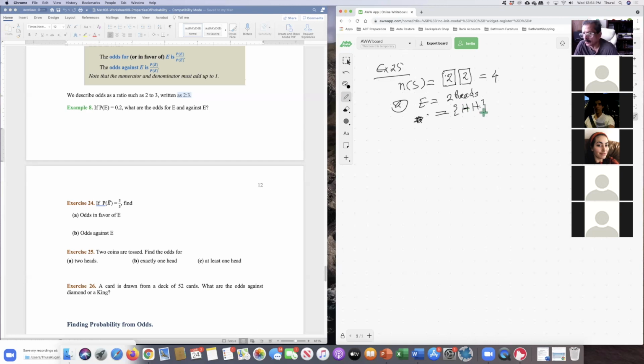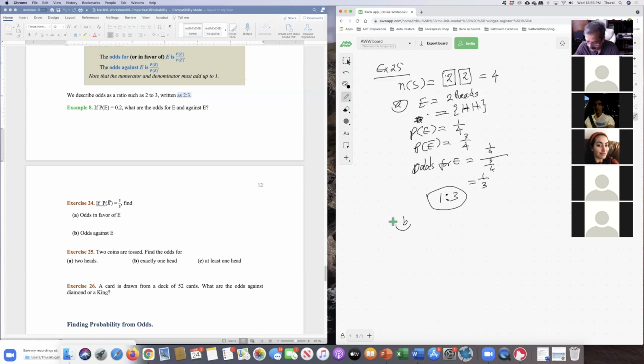One student thought there would be 2 elements. That's not right. There's only 1 element in the event. So the probability for E is 1/4, and the probability of the complement is 3/4. Therefore, odds for E would be 1/4 over 3/4, which equals 1/3. So 1 to 3 is the answer.